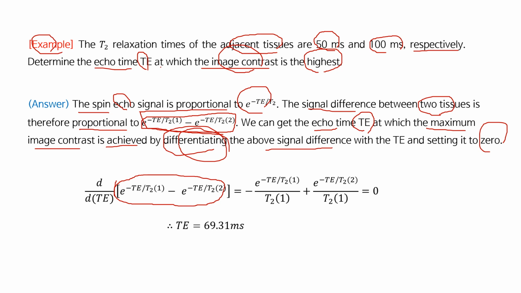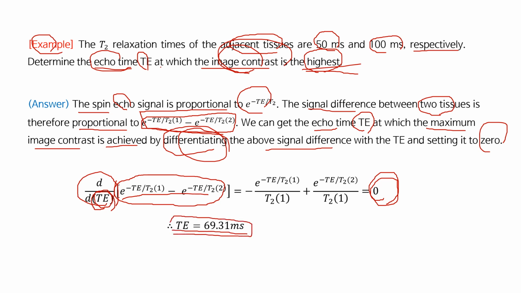Then we can get the echo time T at which the image contrast is highest. So differentiating this expression with respect to time TE and setting it to 0, we can get this number. So we can choose an echo time of 69.31 milliseconds, and we can get the image of highest contrast.